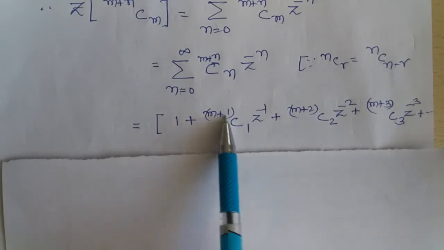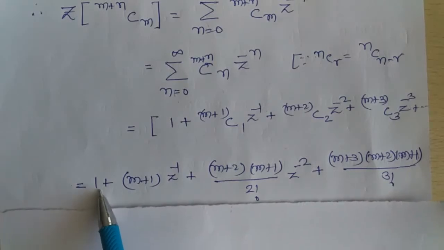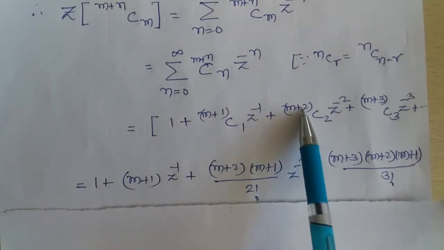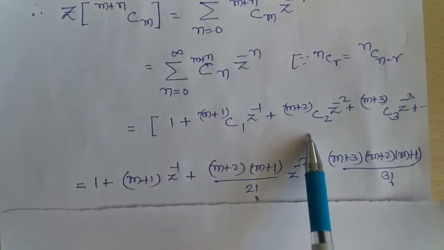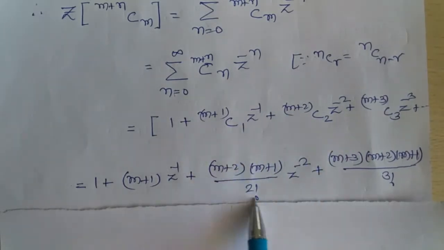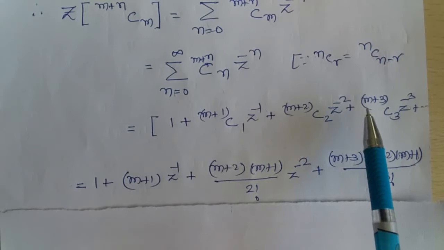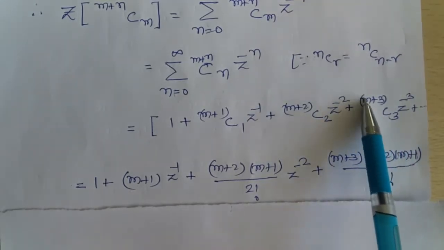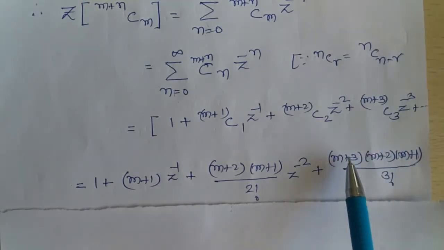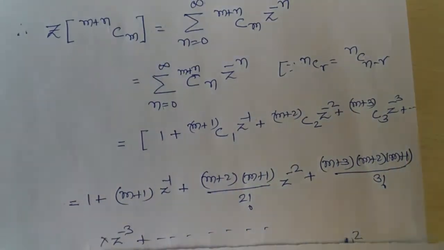We expand this nCr formula, then we get 1 plus (m+1)C1 gives (m+1) into z inverse, (m+2)C2 using n factorial upon r factorial into (n minus r) factorial, we get (m+2)(m+1) upon 2 factorial z power minus 2 plus again we expand (m+3)C3 using nCr, we get (m+3)(m+2)(m+1) upon 3 factorial into z power minus 3.